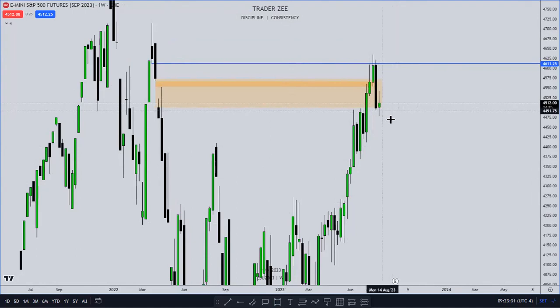So let's see. The body respected the high of this fair value gap. I can't see any order block here, like I did on the continuous contract of ES.